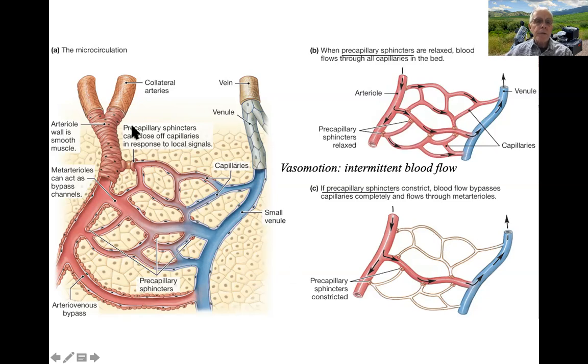Now, let's first look at this figure. Here's an arteriole bringing blood into a capillary bed. Now, a true capillary usually has a single smooth muscle cell that wraps around the entrance to the vessel. And that basically defines a true capillary. The capillary, again, is just a single layer of endothelial cells thick.